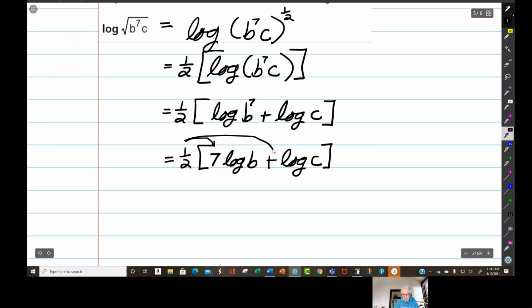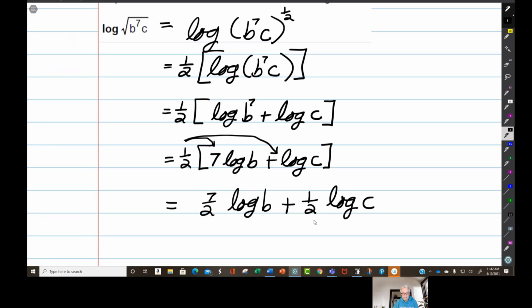And the 1/2. So we're going to have 1/2 times 7, that's 7 over 2, times log b, plus 1/2 times log c. Yep.